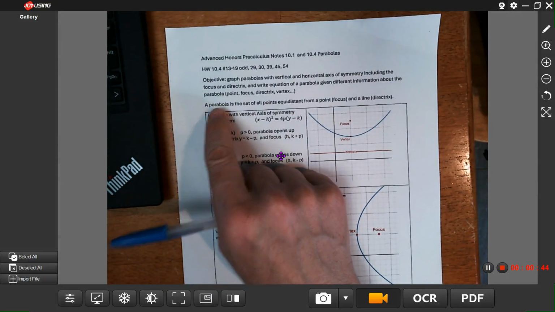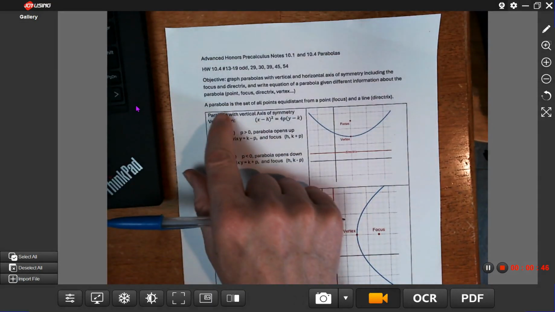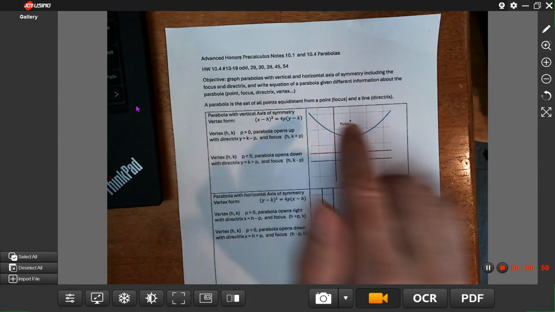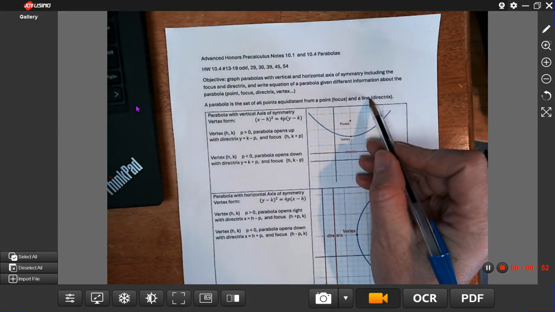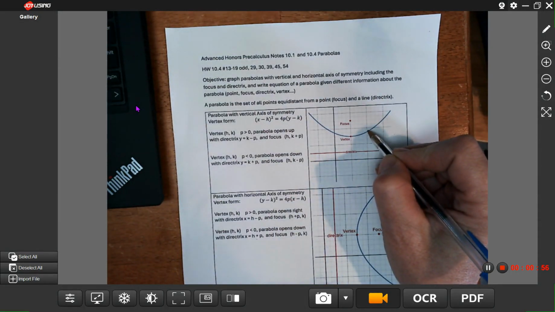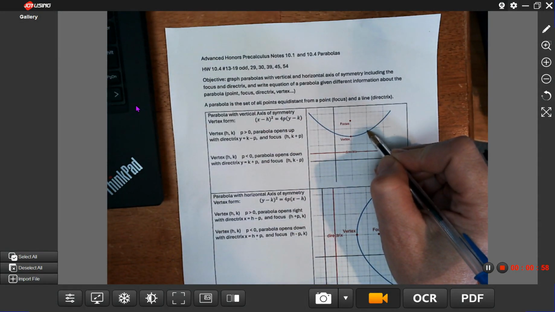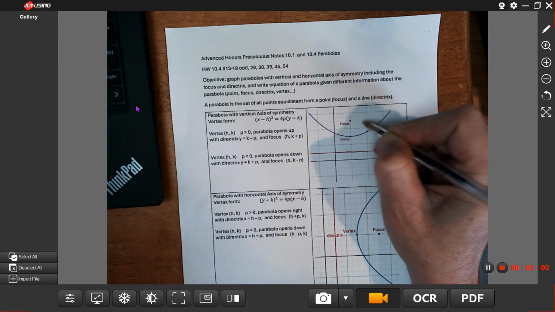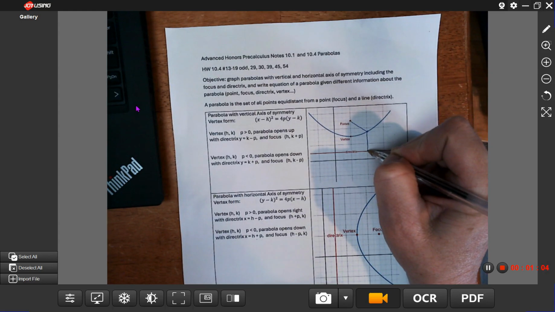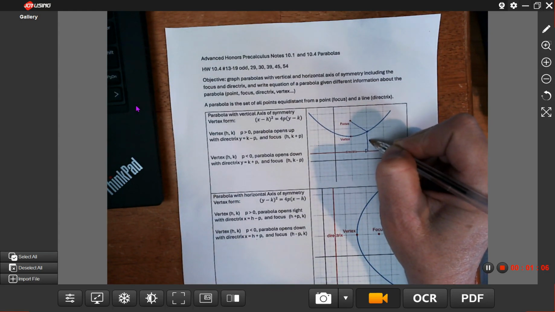The geometric definition of a parabola is the set of all points equidistant, so same distance, from a point called the focus and a line called the directrix. So if I put a point anywhere on the surface of a parabola, the distance between the focus and that point is the same as the distance perpendicular to the directrix.